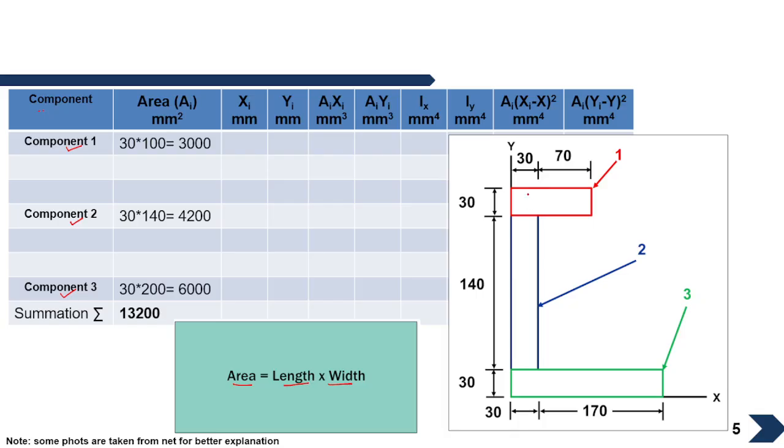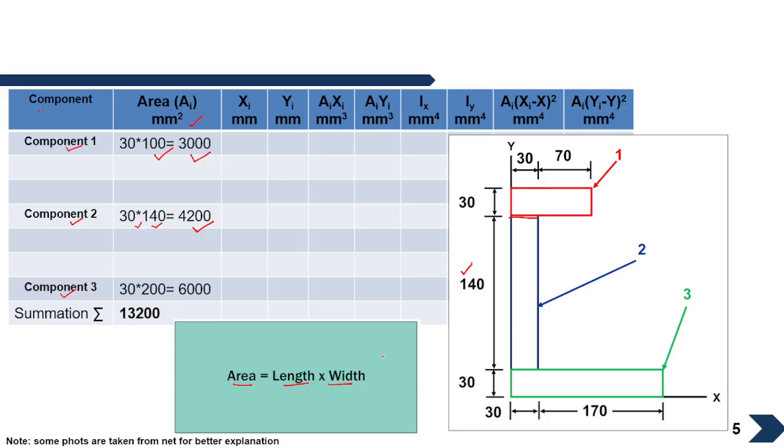So for component 1 we have 30 as width and 70 plus 30, 100, as length, so we have got 3000. Similarly for component 2 we have 30 as width and 140 as the length, so we have got 4200. All these dimensions are in mm, so I have written the units also; this you have to take care.